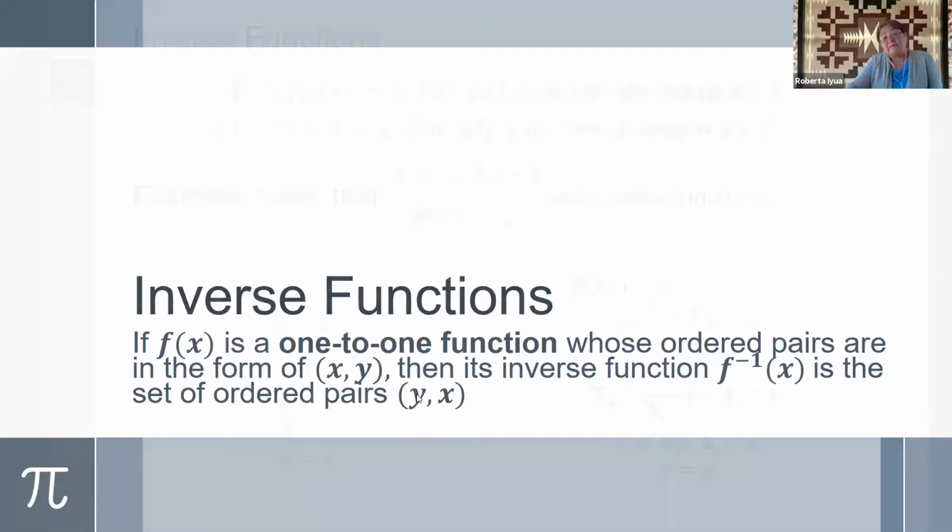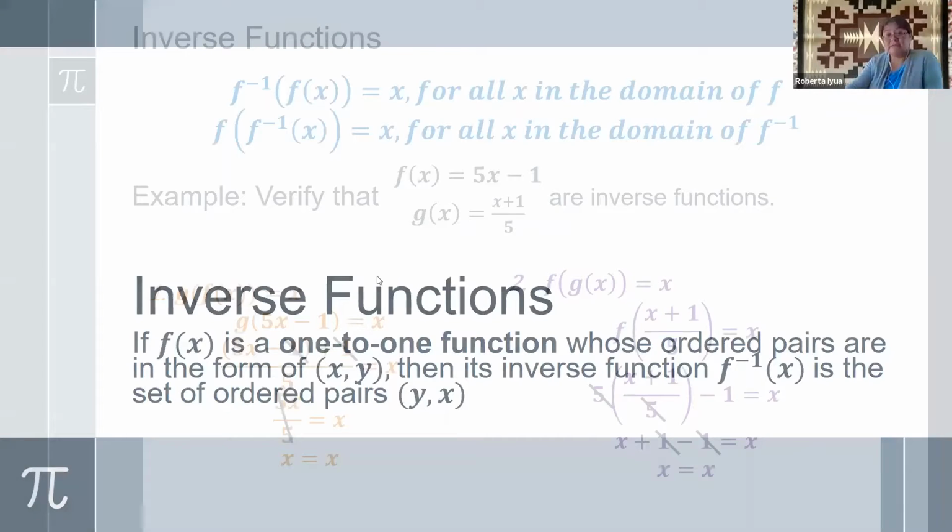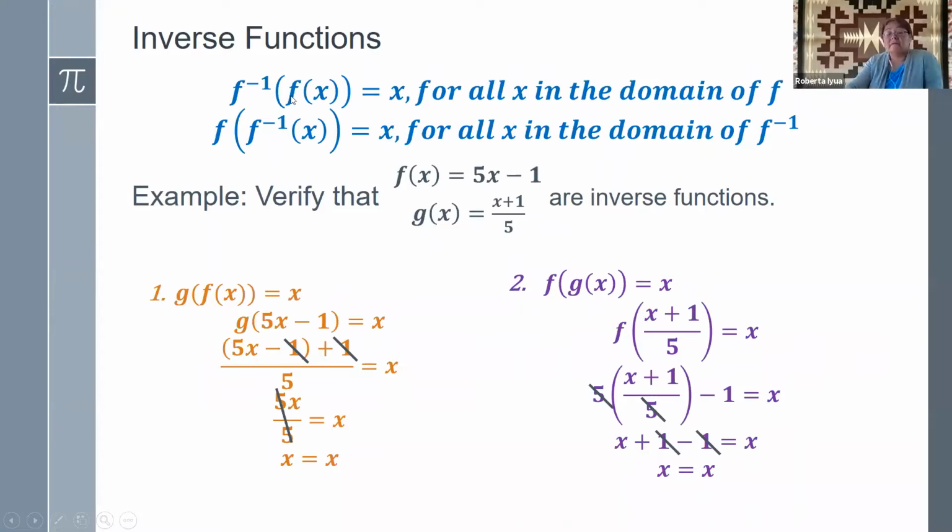The basic definition is f inverse of f of x equals x for all x in the domain of f, and f of f inverse of x equals x for all x in the domain of f inverse. Here we're going to verify that f of x equals 5x minus 1 and g of x equals x minus 1 over 5 are inverse functions.